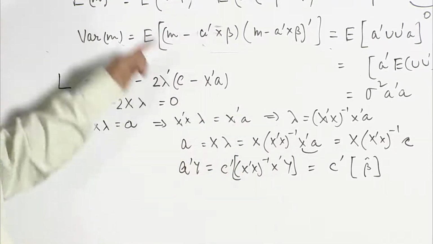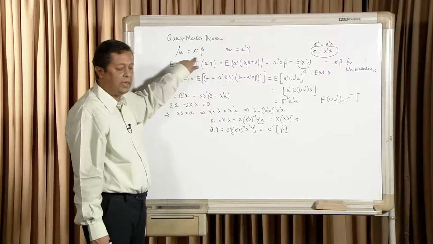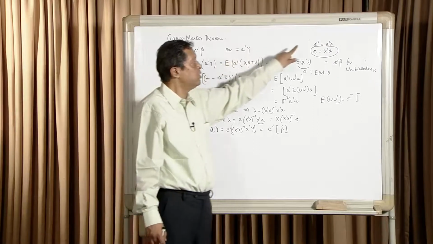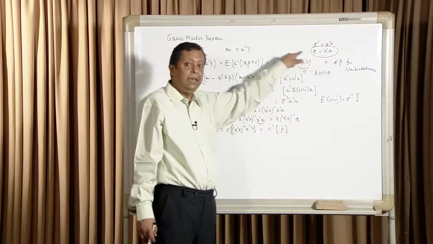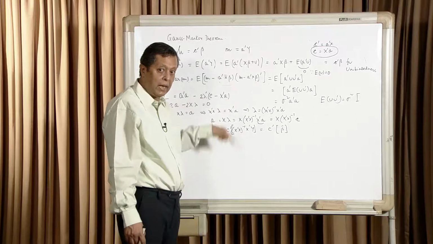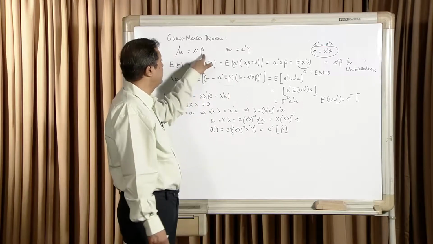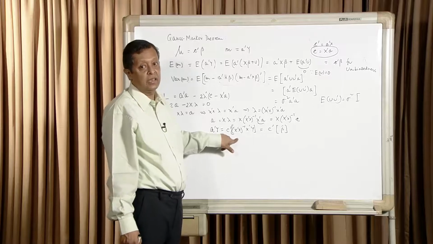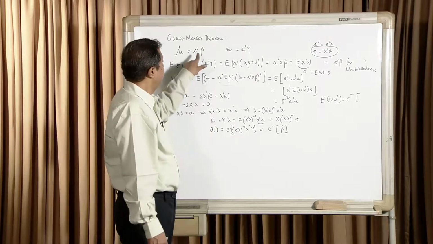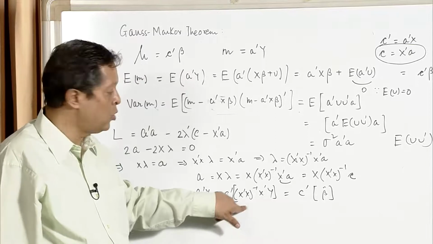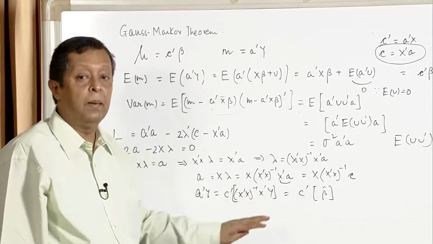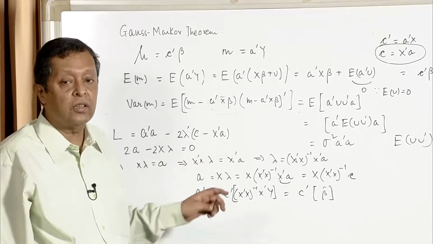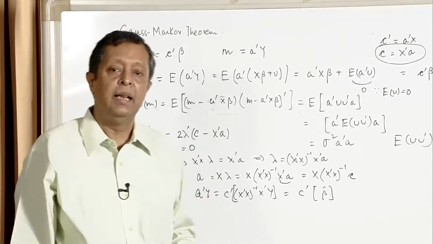So, the result is, if you take any combination of betas and develop a linear estimate which is also unbiased, then the minimum variance will be arrived at only if the estimates of beta are the ordinary least squares estimates. That means beta hat obtained through ordinary least squares has minimum variance among all the estimators in the class of linear unbiased estimates.